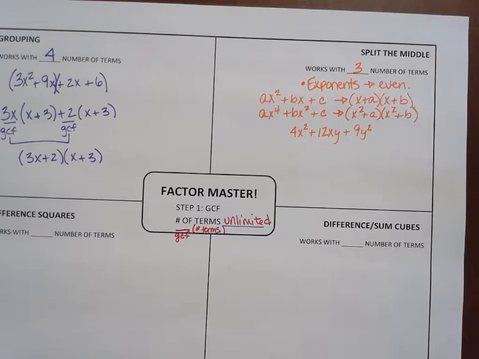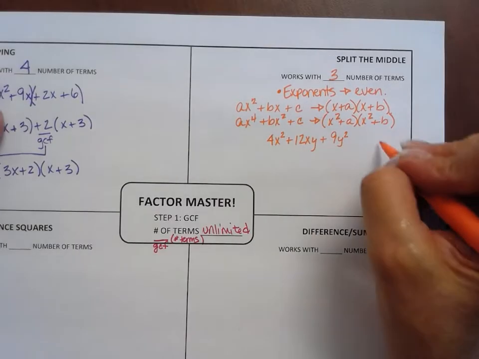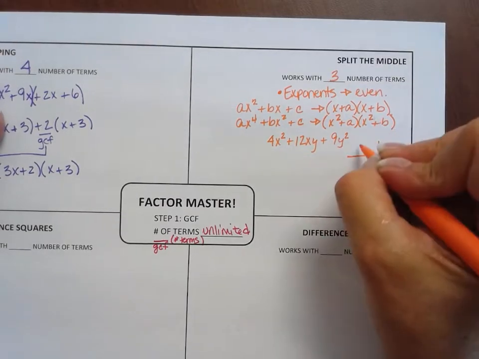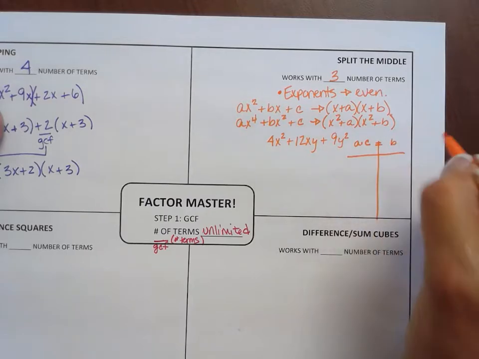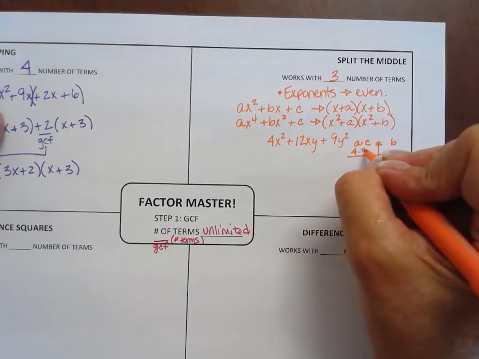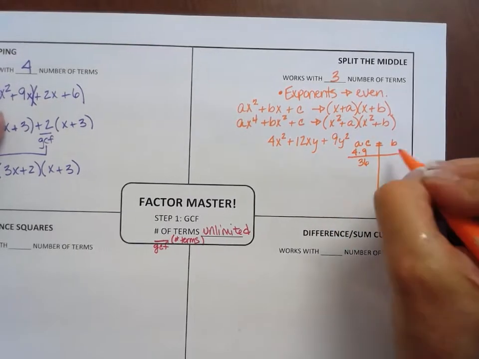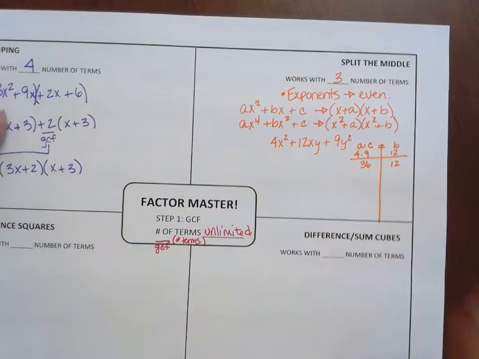How do I multiply what? Yep, multiply your a times c. So a times c, that has a sum of b. So 4 times 9 is going to give me 36, and I want it to equal 12.